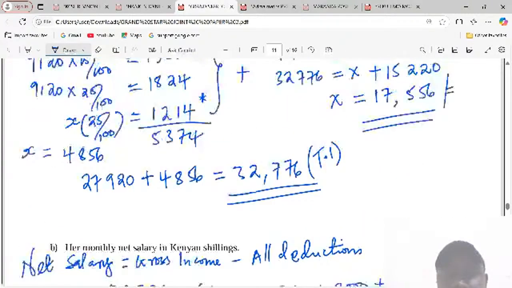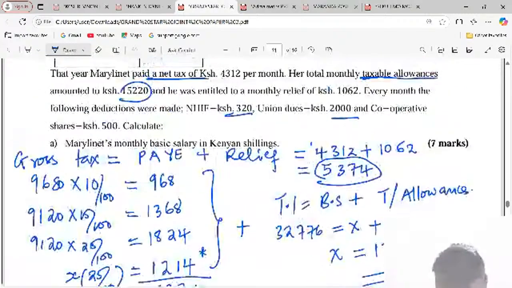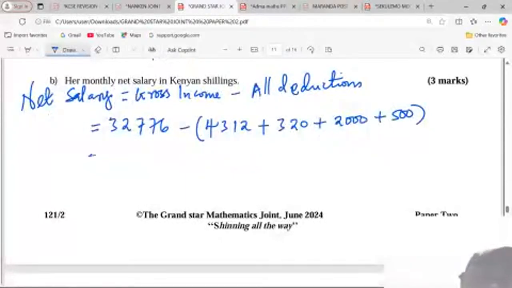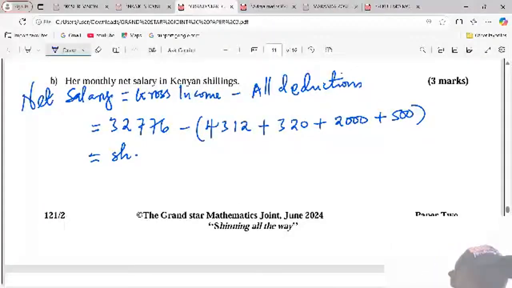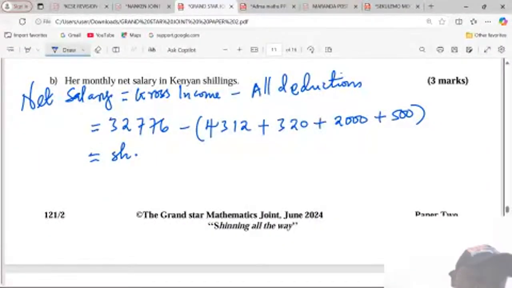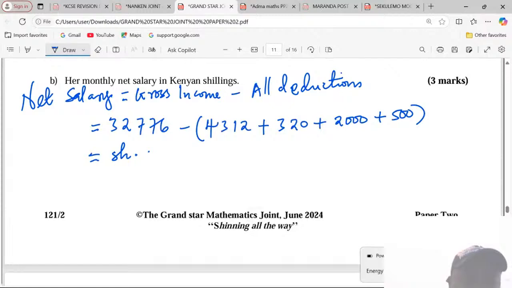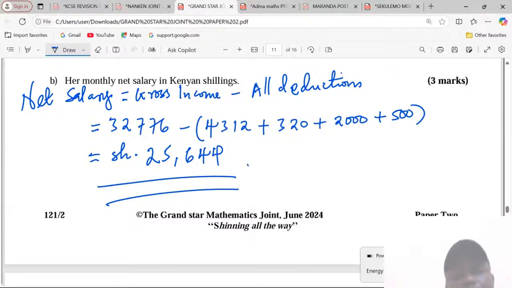Those are the other deductions. So we take 47,776, then we subtract all these deductions, 4312, 320, 2,500. This gives 25,644 Kenya shillings.